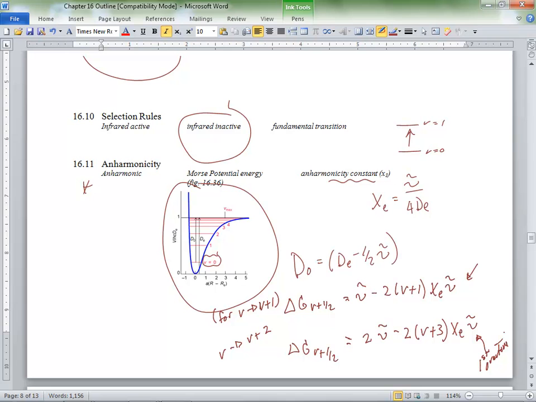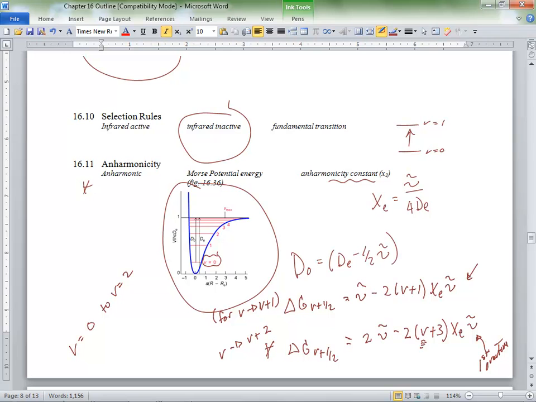Okay. If you're going to use this equation, and you will, let's pretend you're going from V equals 0 to V equals 2. It'd be pretty clear which one you have to use, right? It would be the bottom one. But what do you use for V? See the V? Do you use the 0 or do you use the 2?